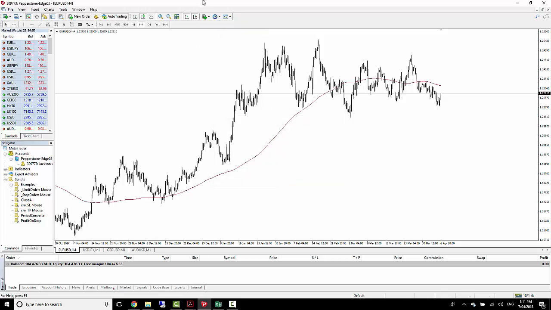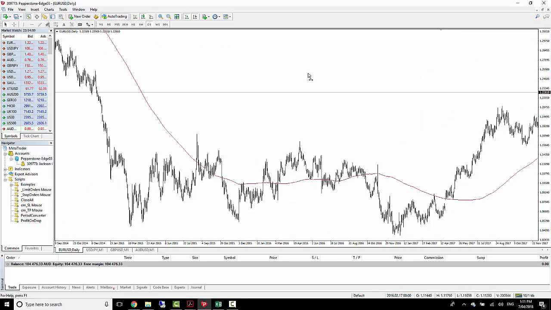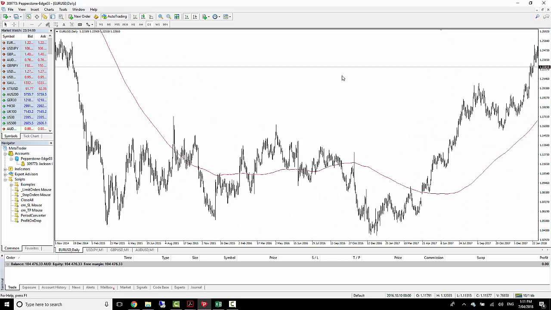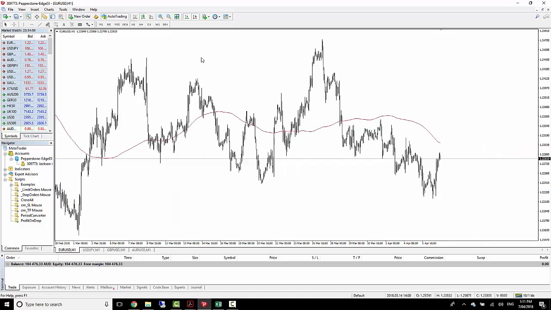If we look at the 200 period moving average, let's go to a daily. We can see that it has a fair amount of significance to it, meaning that it can be used as support and resistance. Even if we drill down to other time frames, those moving averages will continue to have significance.